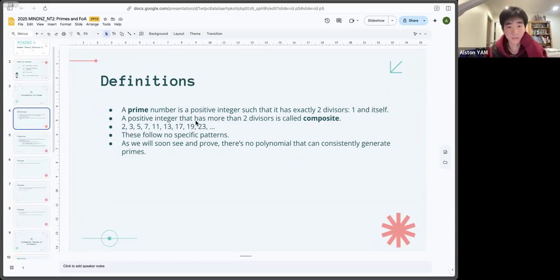You can go through and check them, and they will only have exactly two divisors. In a similar fashion, if a number has more than two factors, we call it a composite number. We can split the positive integers into these two categories, except for one number, and that is the number 1.